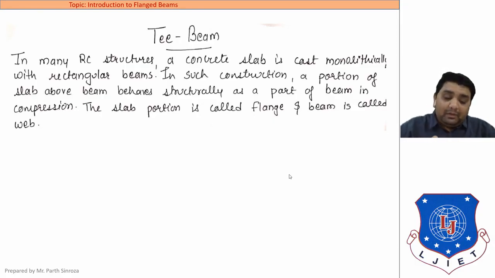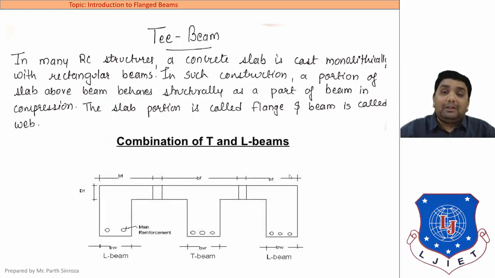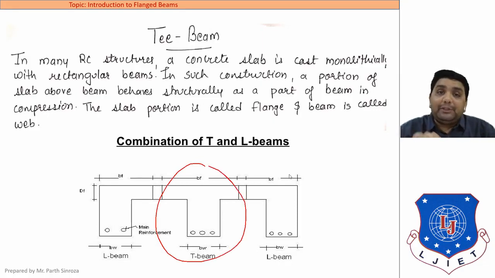Now if we go into the technicalities of how a T-beam actually looks, this will be the structure that we will be dealing with. The center portion is our actual T-beam. You can see there are various terms, and we will go through them.